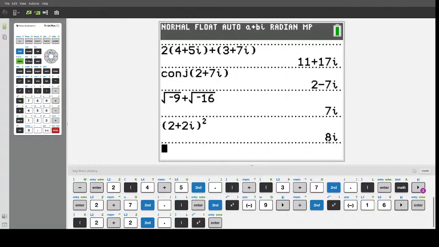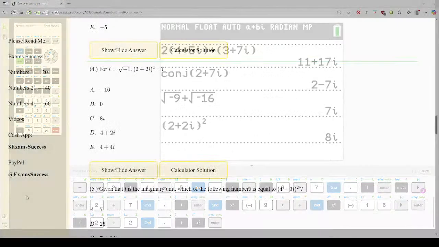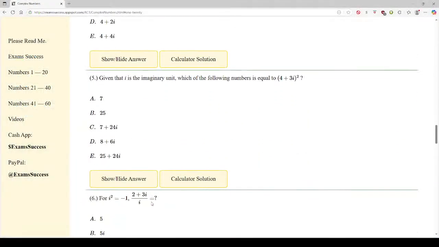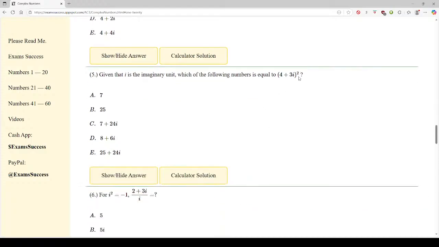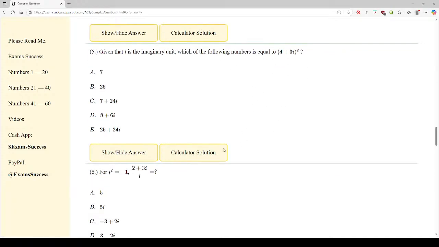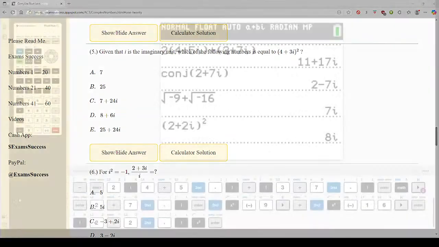Let me do the next one so I show you how you can also use the exponentiation function. You can use it to raise to an exponent anything at all. This one is 4 plus 3i all squared. Let me go ahead and use the exponentiation function on the calculator.